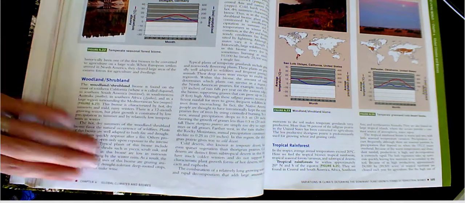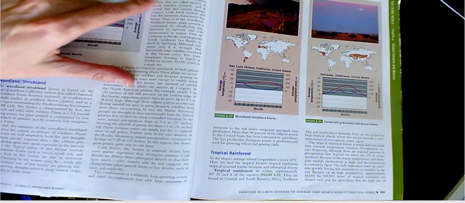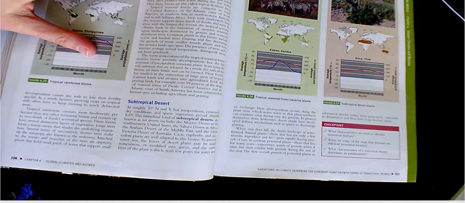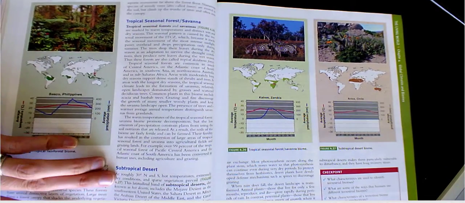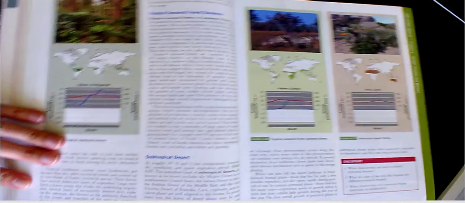Woodland and shrubland, temperate grassland, what they also call the cold forest, tropical rainforest, the savanna or the tropical seasonal forest, and the subtropical desert. And that is it for the terrestrial ones, okay?